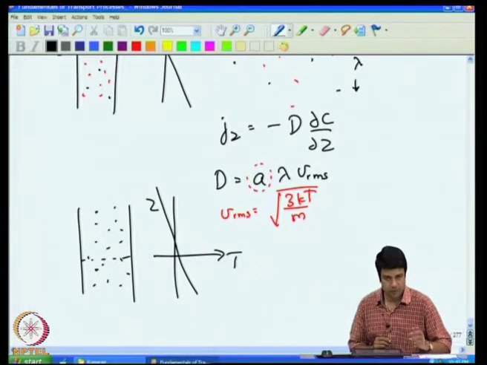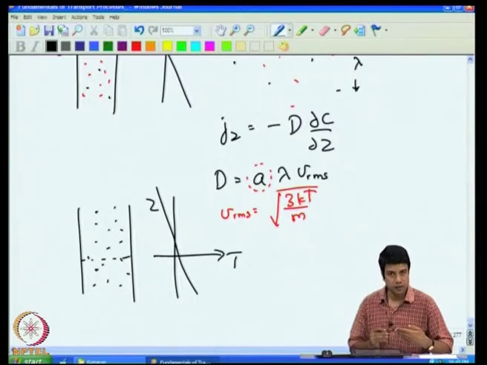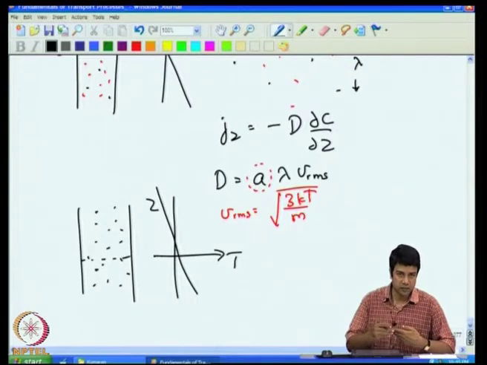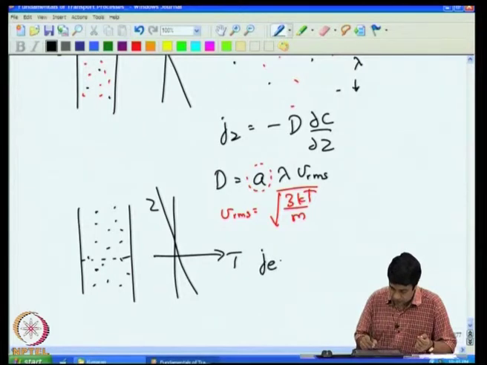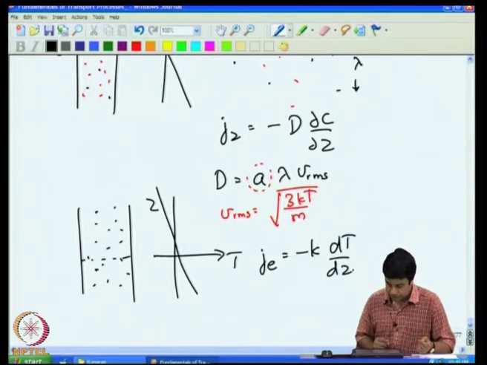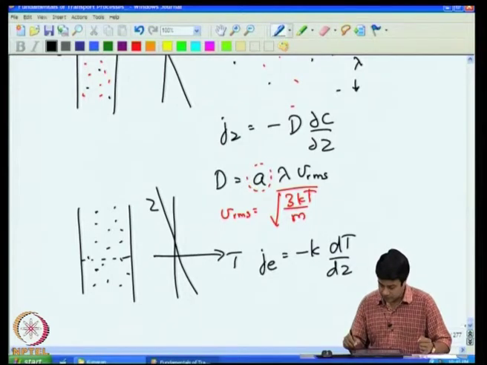And because of that, there is going to be a net transport of energy even when there is no net transport of mass. Because faster moving molecules are coming down, they are carrying their energy down. Slower moving molecules are moving upwards, and they are carrying the lack of energy upwards, and because of that there is going to be a net transport of energy, and that energy flux can be written as minus k times dT by dz, where k is the thermal conductivity.